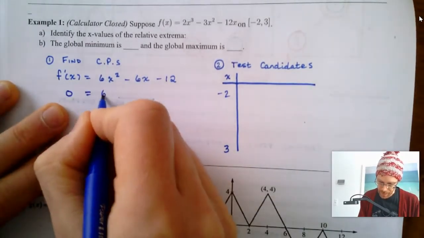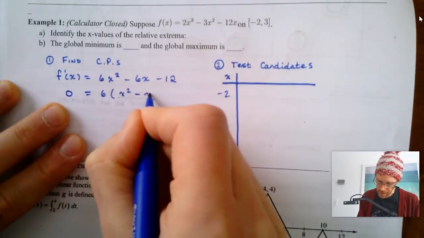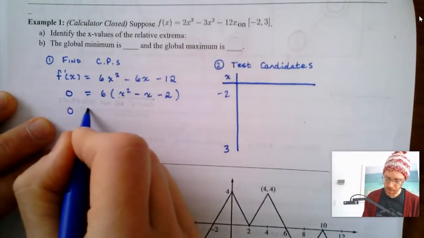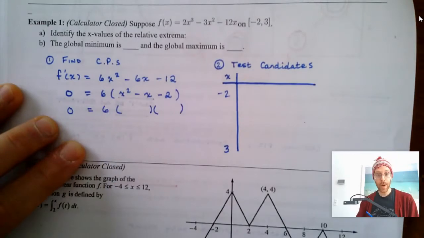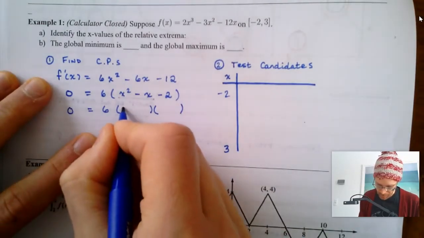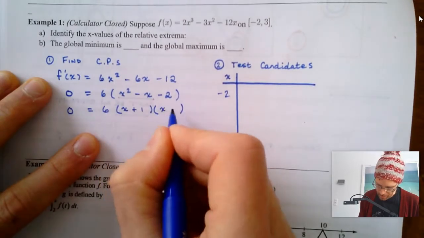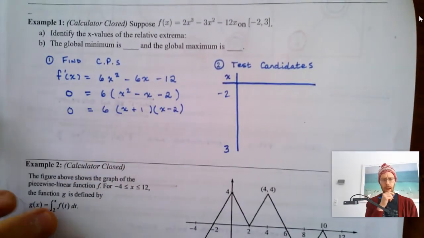I'm going to factor the 6 out. If we factor the 6 out, we get x squared minus x minus 2. And let's factor that trinomial into x plus 1 and x minus 2. Does that look good? Yeah.